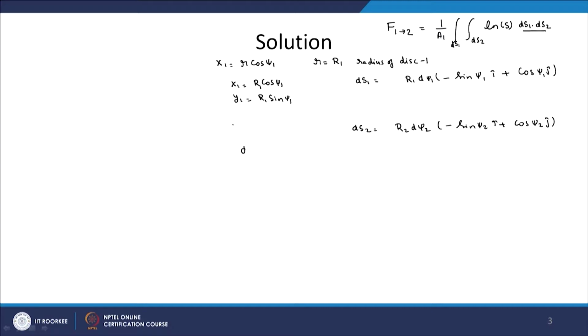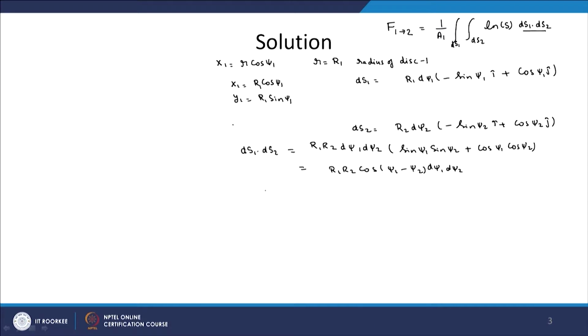Now, the dot product between these two, ds1 dot ds2, will simply be equal to r1 r2 d psi 1 d psi 2 times sin psi 1 sin psi 2 plus cos psi 1 cos psi 2, and this can be simplified as r1 r2 cos of psi 1 minus psi 2 d psi 1 d psi 2. This is the dot product of path vectors ds1 and ds2.